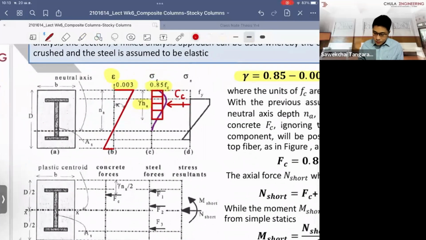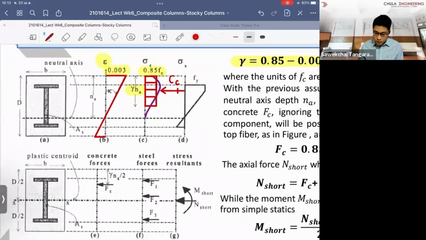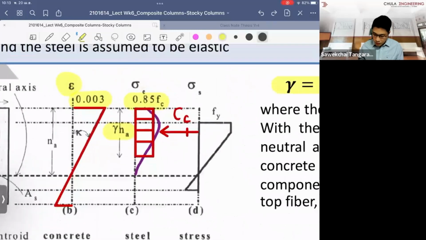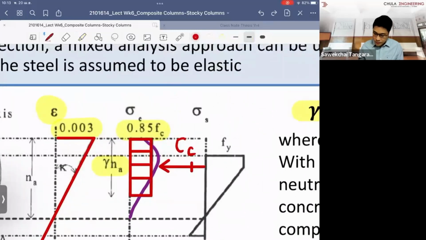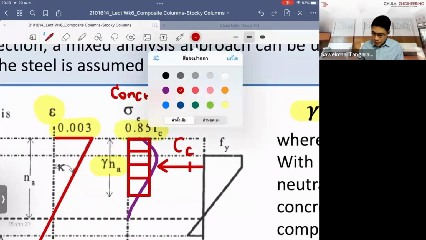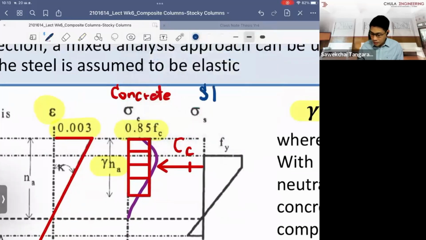But for the steel, you have a look here. You draw the diagram for, not the, sorry, this is not the steel. This is for the concrete. Because we have two materials, you have to draw another diagram, which is the stress diagram for the steel.